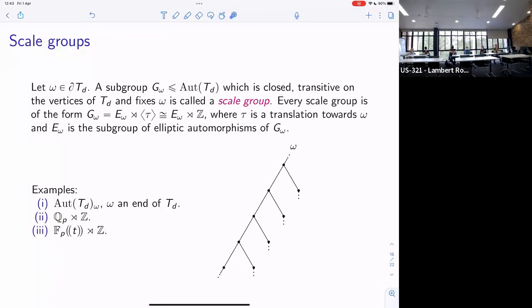The fact that these are star groups follows from either Bass-Serre theory or also a more general theorem about TDLC groups called the tree representation theorem, which says that certain groups satisfying certain properties act on a regular tree as a star group. This tree representation theorem also says that every non-unimodular TDLC group has a sub-quotient isomorphic to a star group. So star groups are fairly fundamental from the perspective of general TDLC groups.